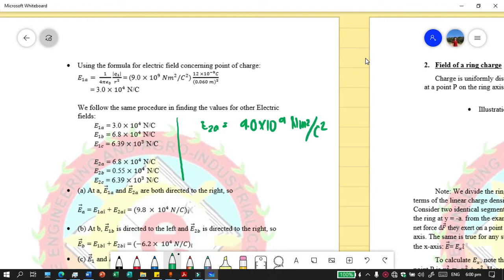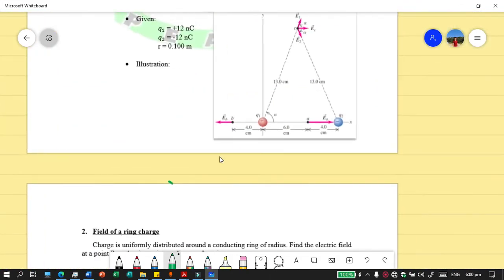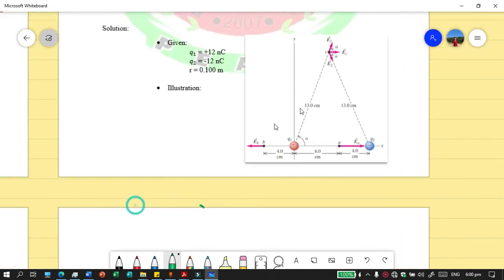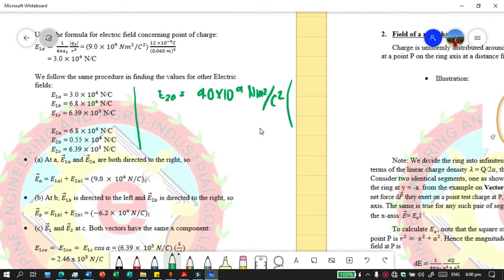Okay? Multiplied by, ano yung charge natin sa E2 natin? Yung charge natin sa E2 natin is absolute value ng negative 12 times 10 to the power of negative 9 coulomb.